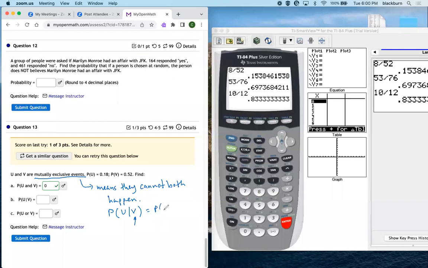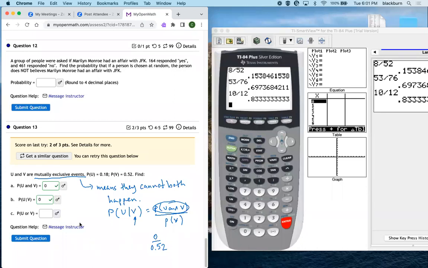The formula for that looks like this: probability of U and V divided by the probability of V. You look at that formula and you know that the top equals 0. So now this is going to be 0 divided by 0.52. 0 divided by anything is 0, except 0 divided by 0, which is undefined. So that's got to be 0 as well.